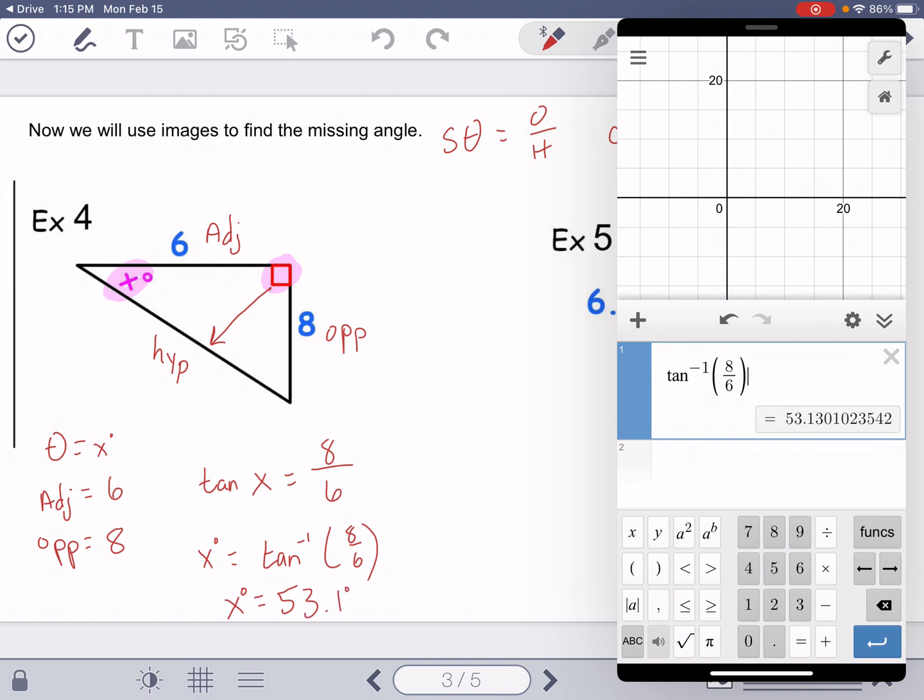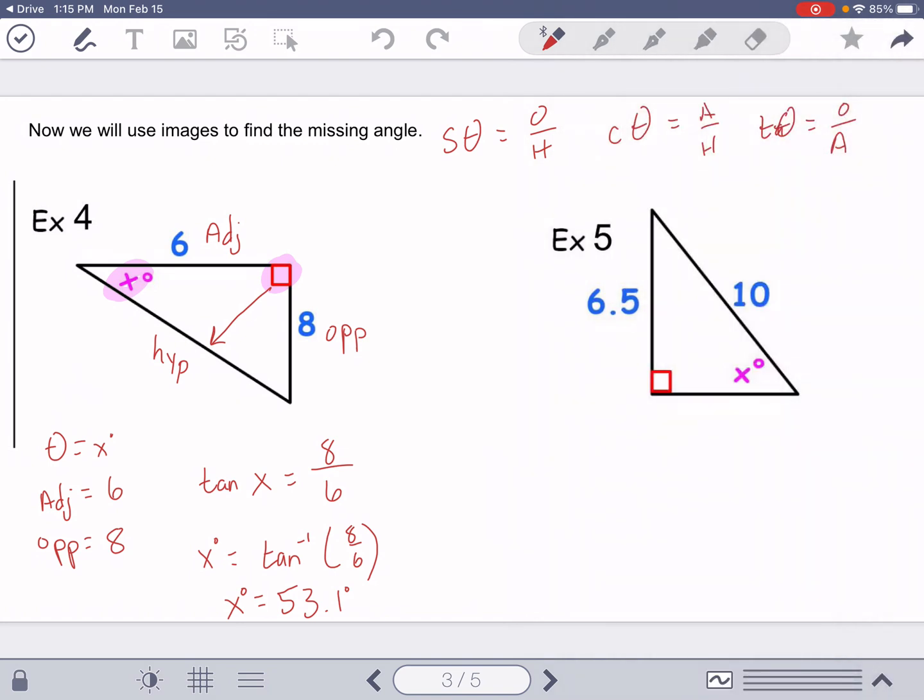So label your triangle, figure out which trig function you're going to use, and type it in. The next problem, example 5: this is the hypotenuse. Here's the adjacent side, between my two angles, and here's the opposite side.